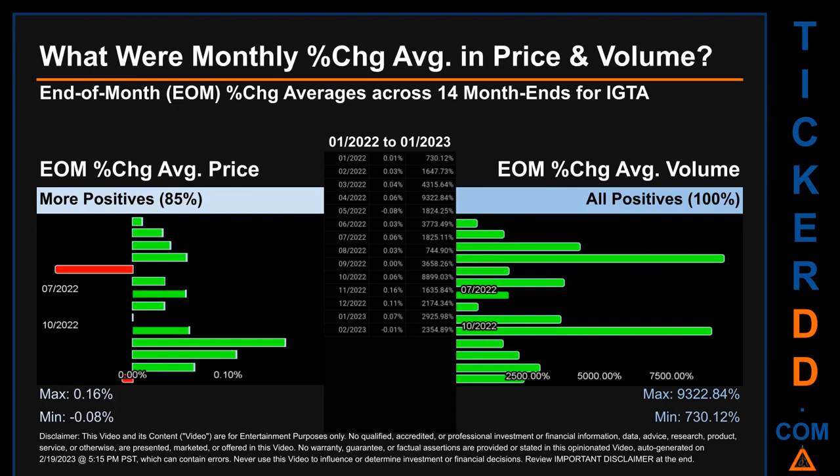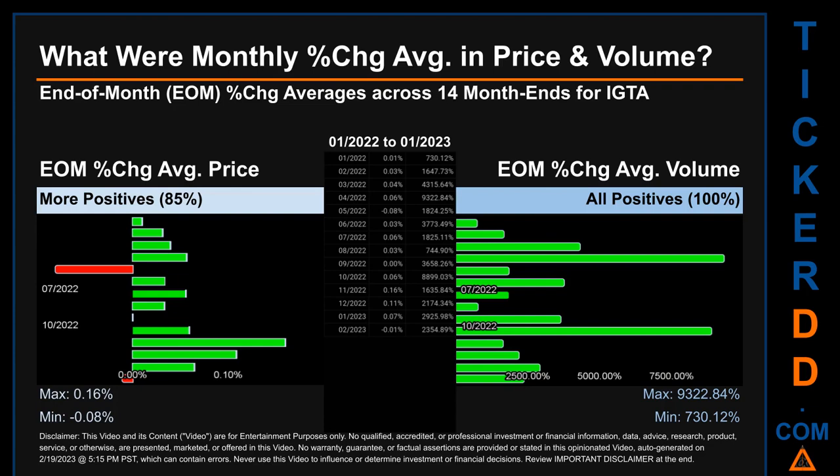From 01-2022 to 01-2023, 11 out of 14 month ends had a positive percentage change in average price. That is 85% of month ends saw a positive percentage change in average price. In terms of volume, 14 out of 14 month ends had a positive percentage change. That is 100% of month ends saw a positive percentage change in average volume.